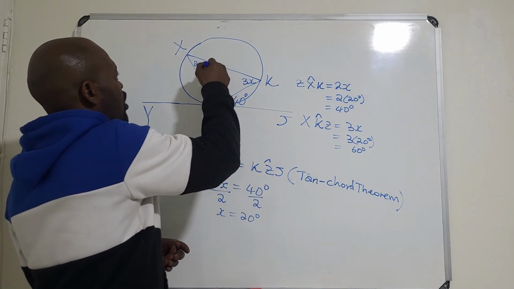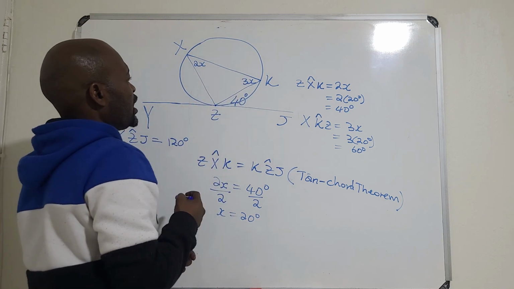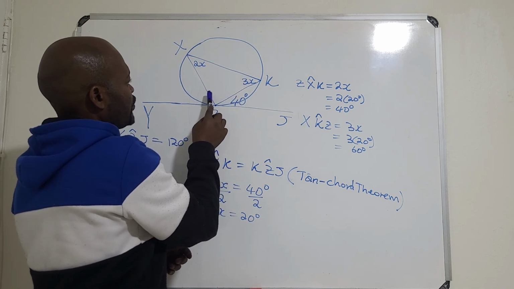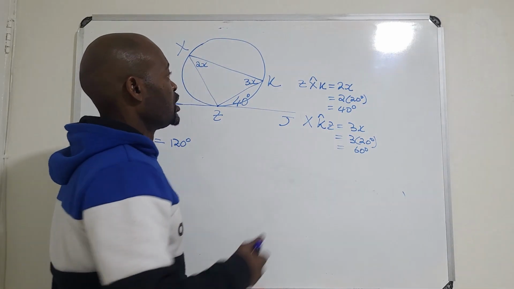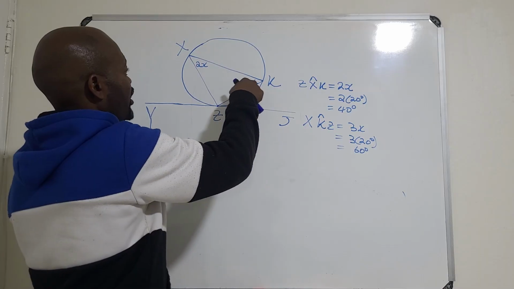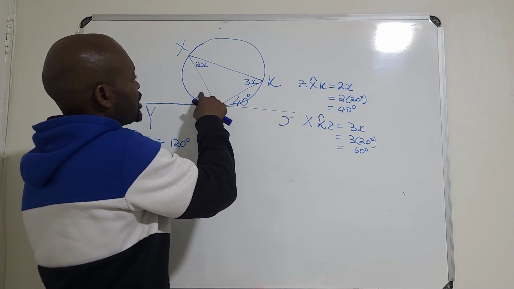Now, we do have this angle, we can find this angle there. Since we have this angle and this angle, we can find this angle.